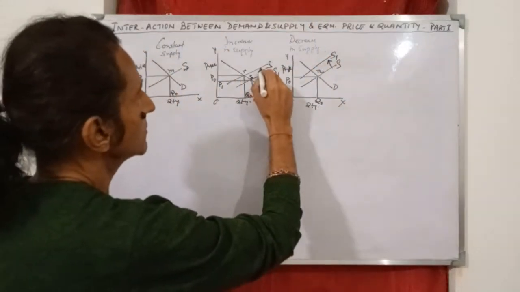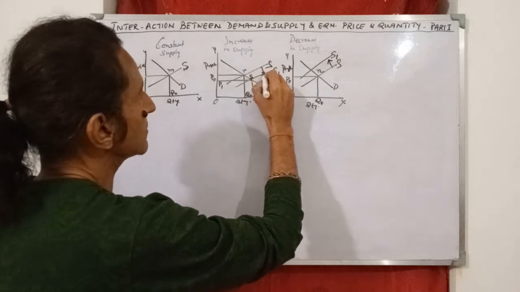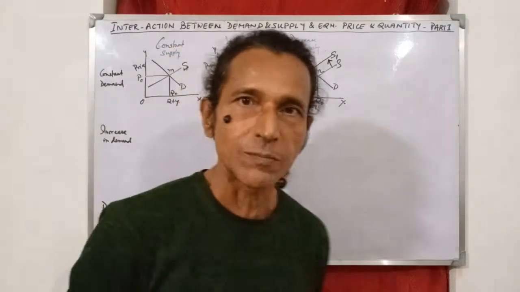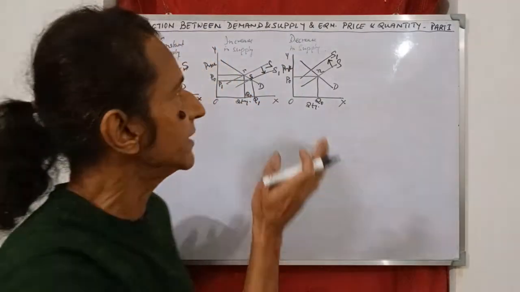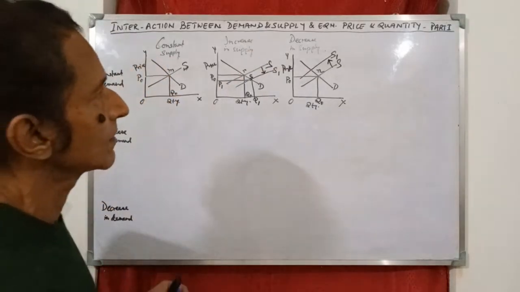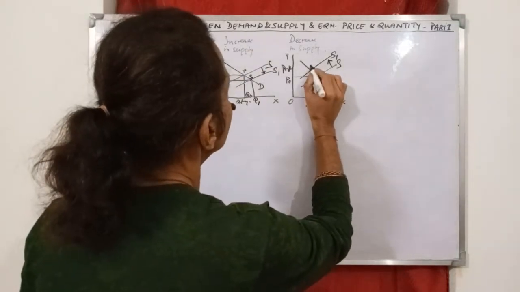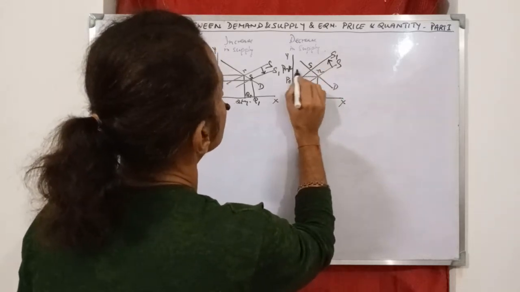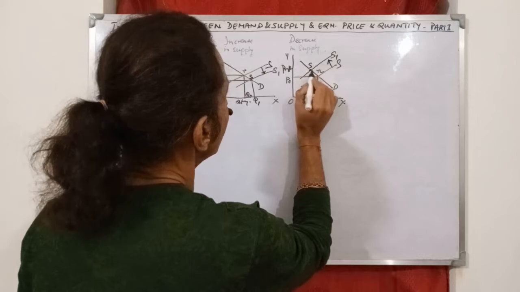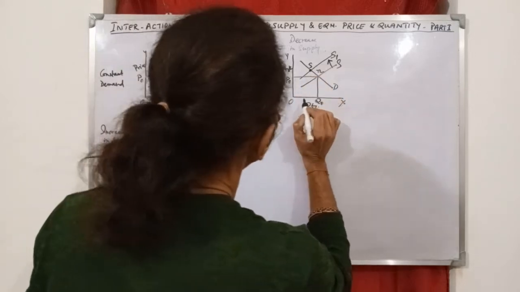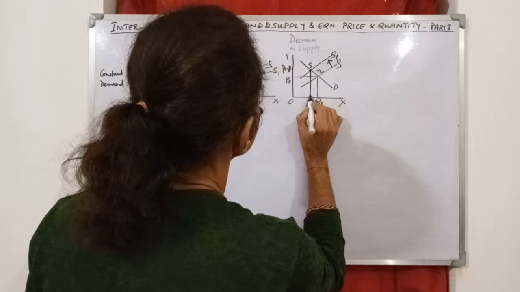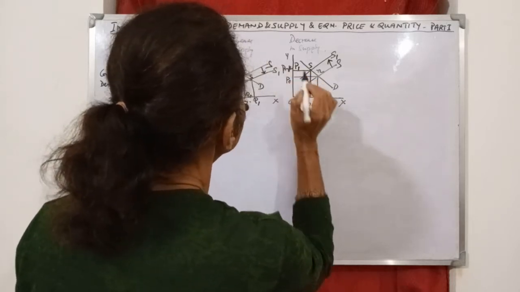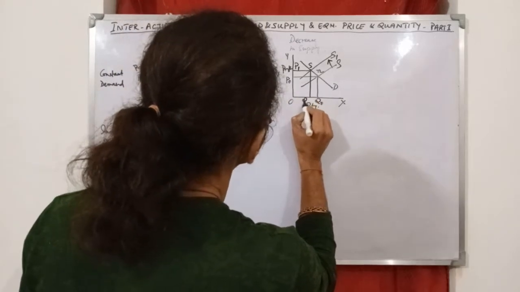Here supply is falling, so the supply curve is shifting from S to S1. This is the new point of intersection between supply curve and demand curve. So new equilibrium price is P sub 1 and new equilibrium quantity is Q sub 1.